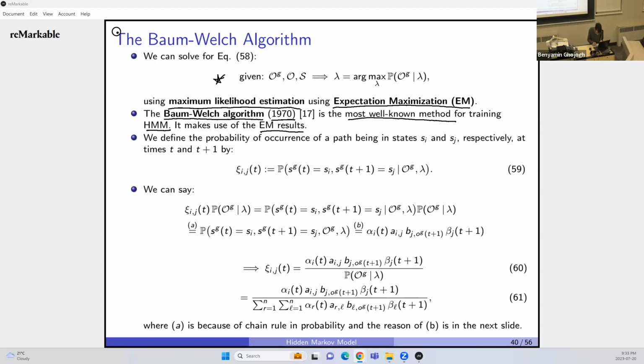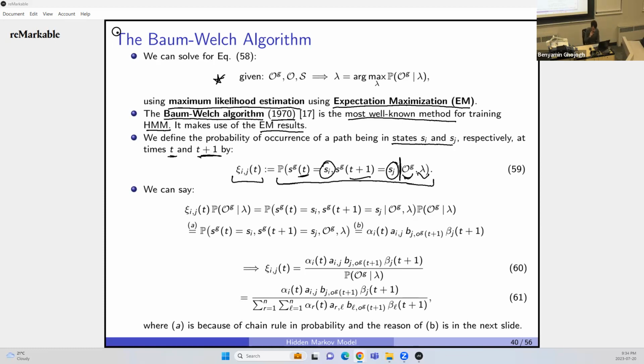We define the probability of occurrence of a path being in the states Si and Sj at time t and t+1 as this. This is called zeta. Zeta ijt, I define it to be this: the probability of being at Si at time t and Sj at time t+1, given the observation sequence O and lambda, the hidden Markov model.